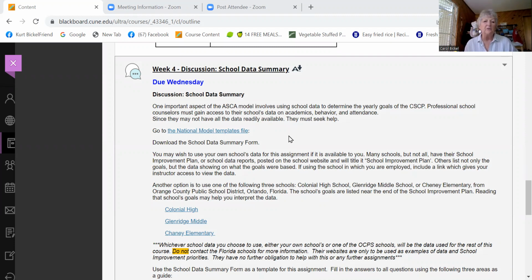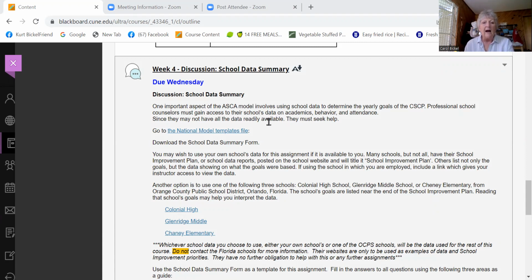Hopefully by now you've downloaded the template file. And from the template file, the school data summary form is the first one you're going to work with. This is a real basic form for you to get an idea of where your school is at and what your school, whether it be administrator or school decision, have focused on for the following year.